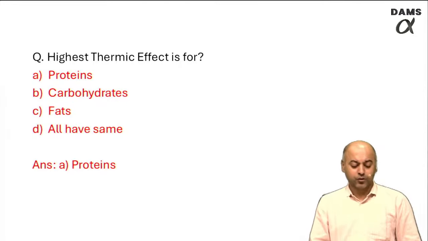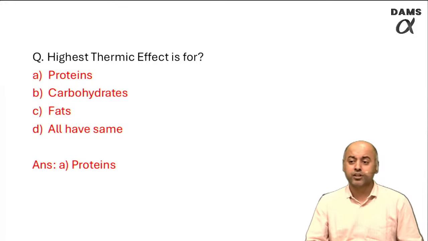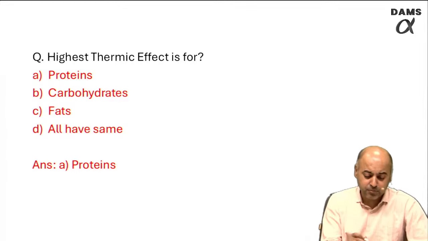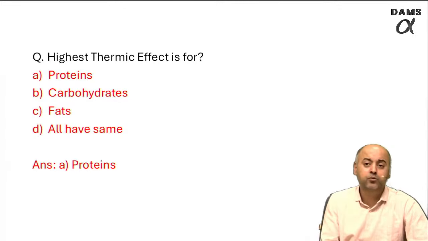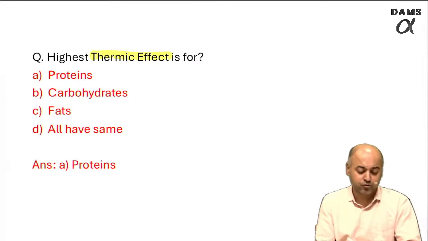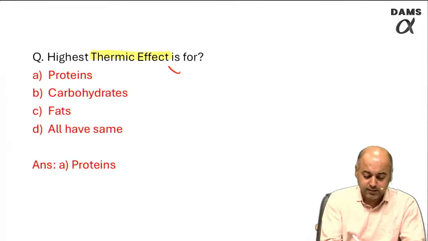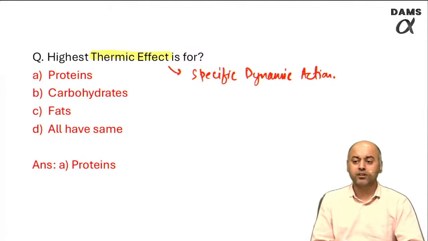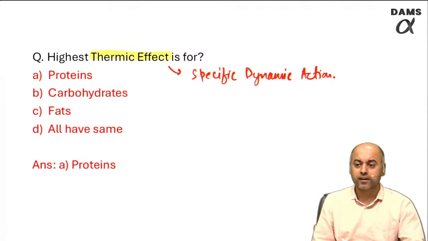Okay, then we go to the next very, very important topic, and that is very simplistic but very commonly repeated question in the exam. That is the thermic effect of food. The thermic effect of food is sometimes also known as the specific dynamic action.